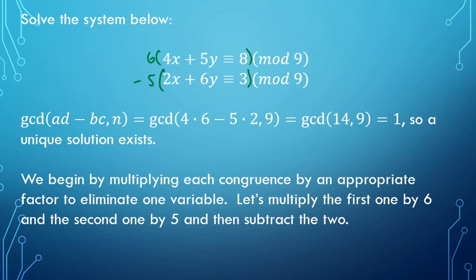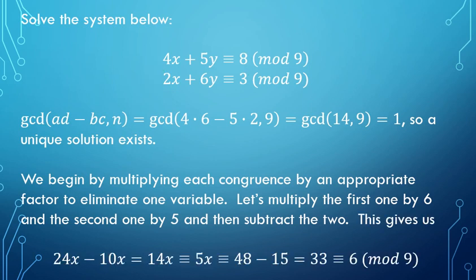By doing this, I'm going to get rid of my y's, and I'll just have x's left. So when I do that, I'm going to have 24x minus 10x, which is 14x, but I'm taking this mod 9, and 14 mod 9 is 5. So that gets me my 5x.